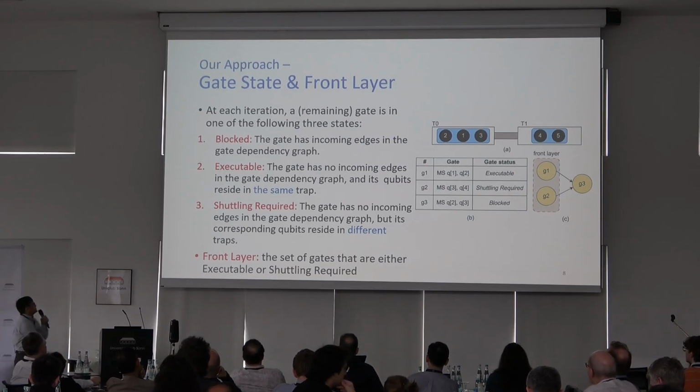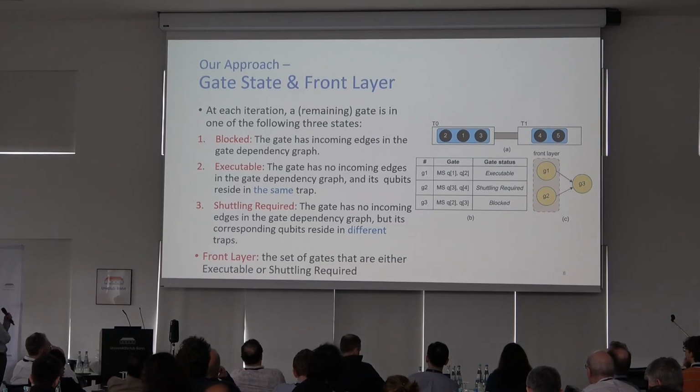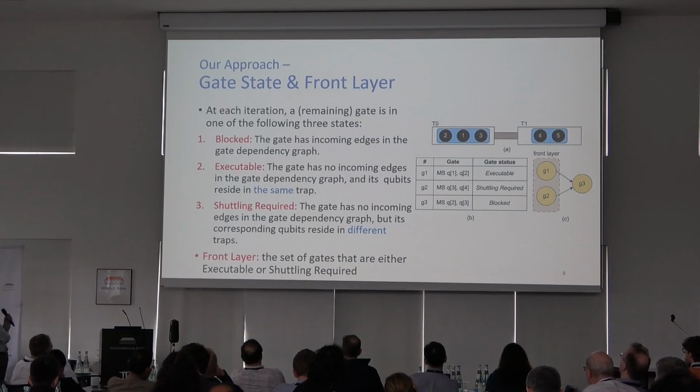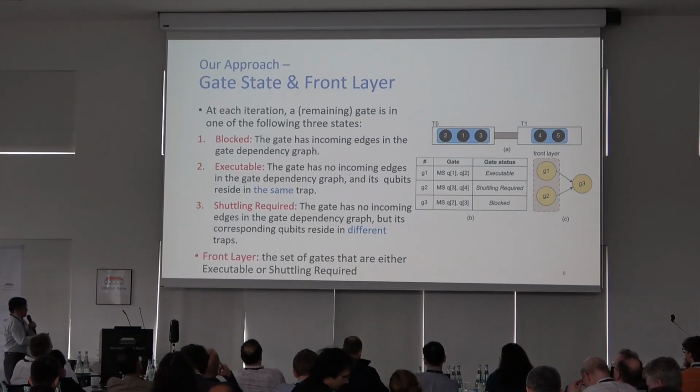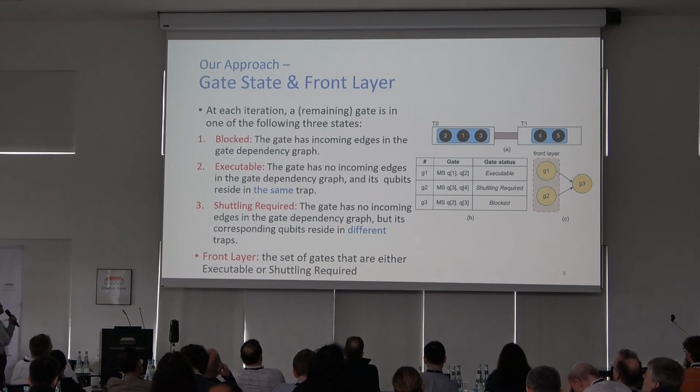So based on the state of each remaining gate, we can find the so-called front layer, which consists of gates that are either executable or shuttling required. And on the right is an example to illustrate the gate state and the front layer.